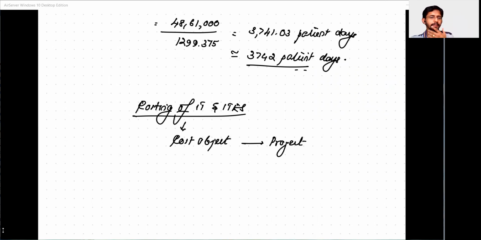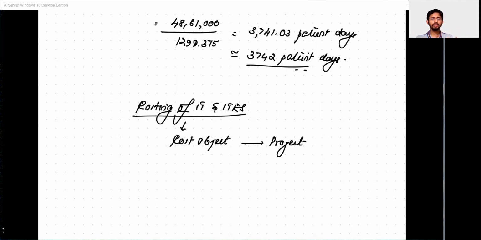Okay, it will be project. Now, what is a project? Project is an assignment which is taken up by the company. And who executes this project? The main cost in case of execution of a project will be the labor cost or employee cost.